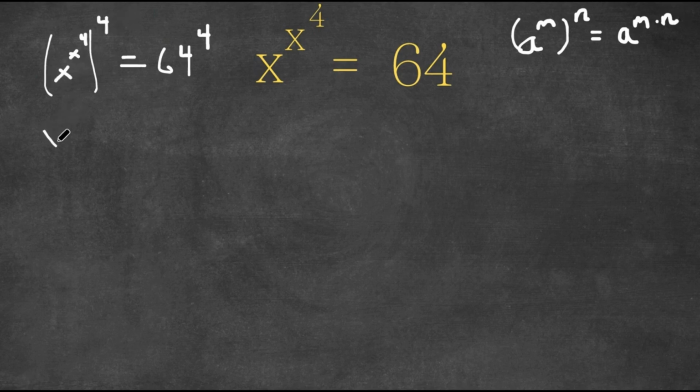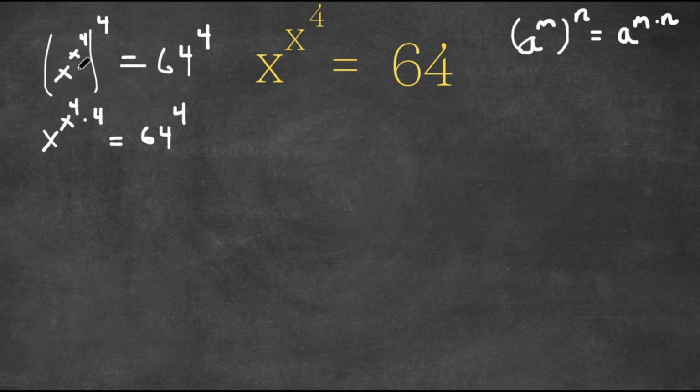be written as x to the power of x to the power of 4 times 4, and this equals 64 to the power of 4. Now I'm going to rearrange this and change it back into this form.